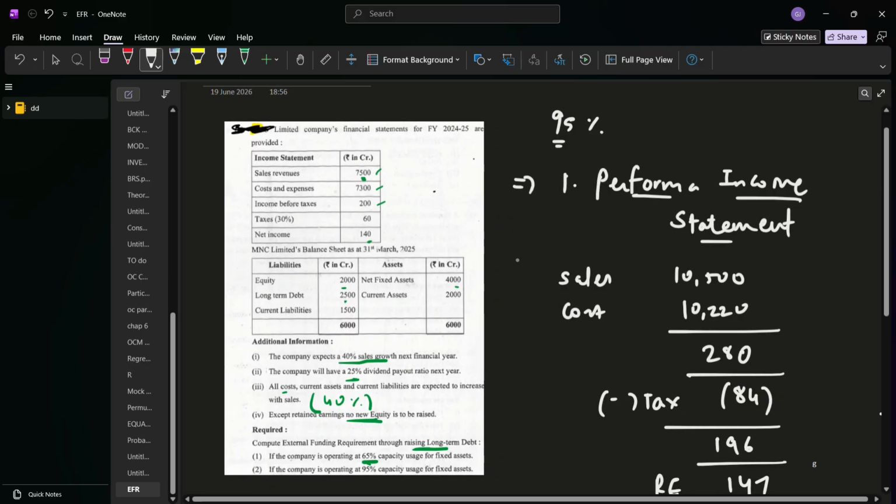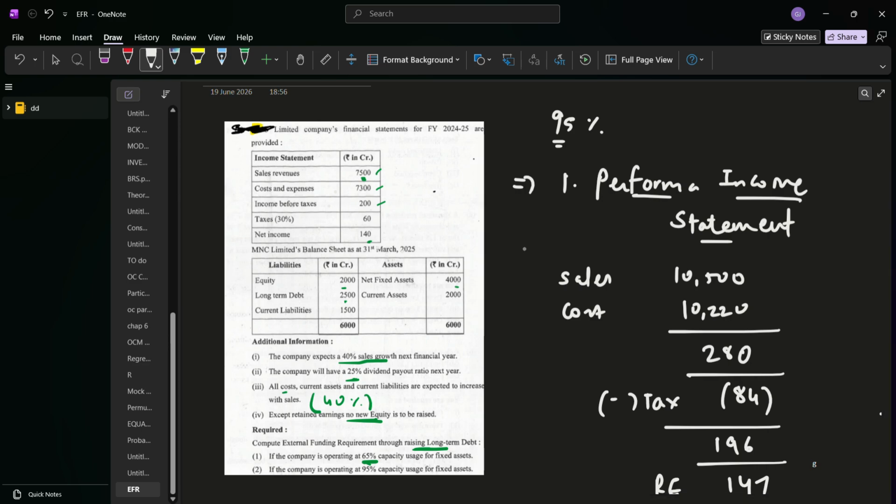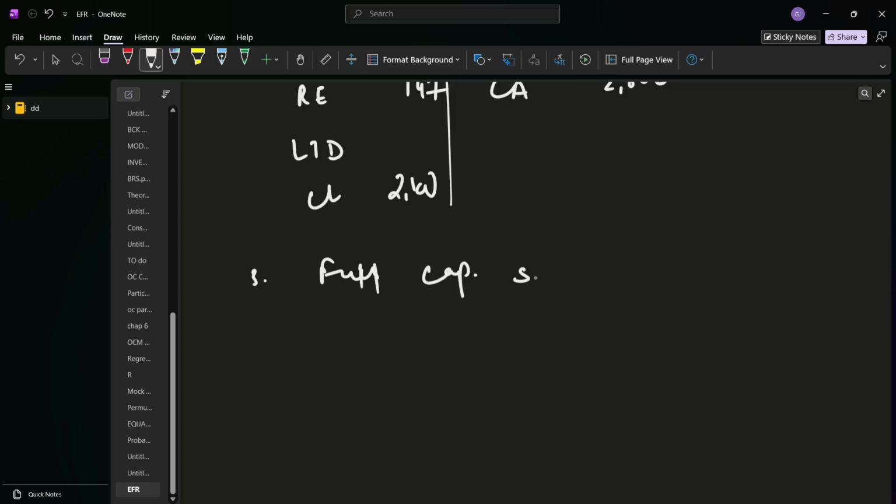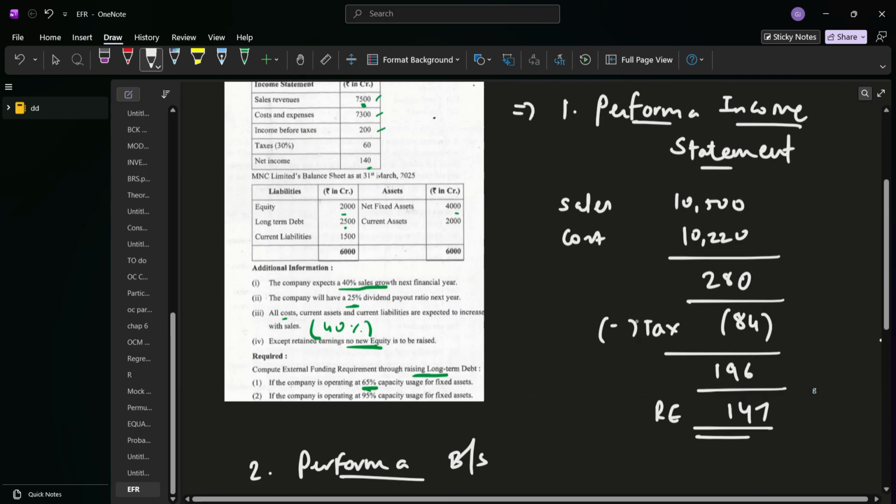Now, see, in the second scenario, the company is operating at 95% capacity. This means that the sales we are generating, the 7,500, is basically with the help of using assets at 95% capacity. Previously we were generating only at 65%, but now at 95% we are generating 7,500. So let's figure out full capacity sales.